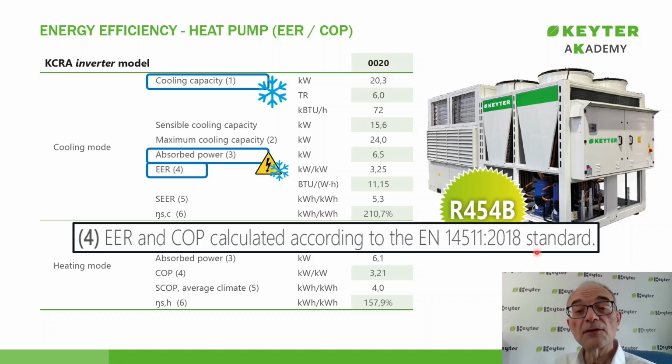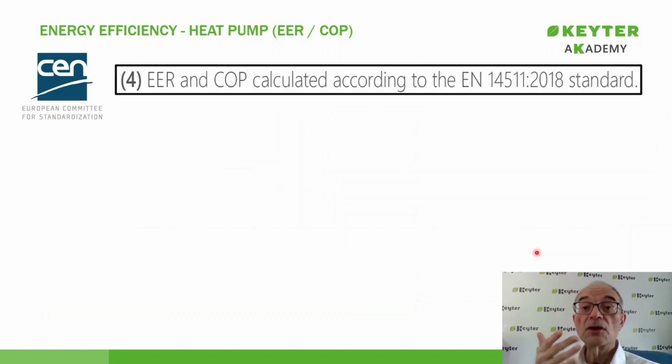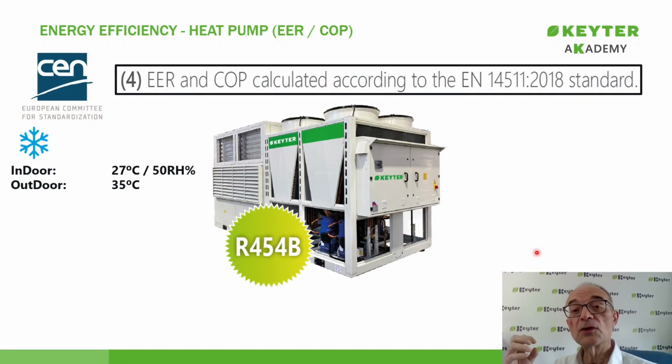What does it mean that we have to use EN 14511, which was transposed in Spain as UNE-EN 14511? In order to thoroughly analyze that EER, to properly declare it, we absolutely have to make sure the unit operates under those precisely specified indoor and outdoor conditions.